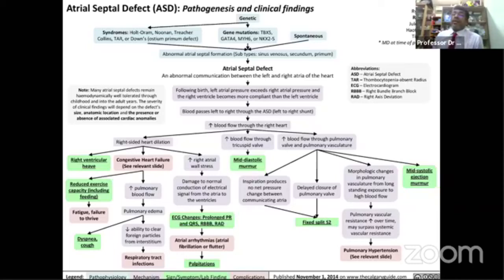So in case of sinus venosus type or septum primum type, surgical closure is the treatment of choice, and in case of secundum type, device closure is the treatment of choice. So in a nutshell, these are the treatments, and when a patient has a very small type of ASD, in that case some medical treatment may be needed.